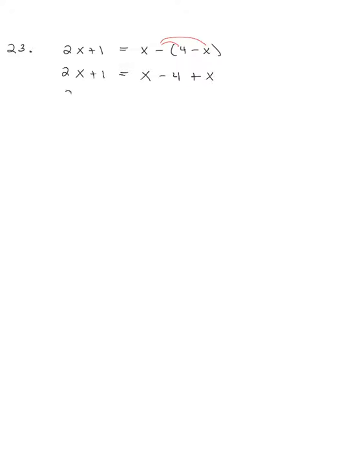So that is 2x plus 1 is equal to 2x minus 4. So here's the issue. When you go to solve this for x, you'd have to subtract 2x from both sides, and you could even stop right here. You get 1 on the left, negative 4 on the right, and this is false. Those two things are not equal.